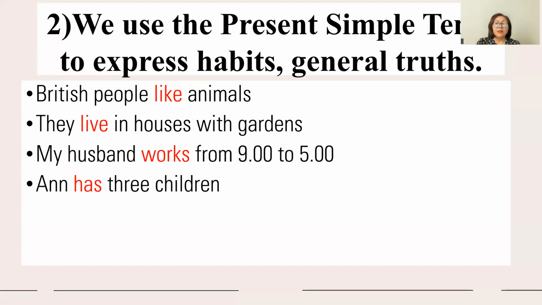Олар бақшалары бар үйлерде тұрады. It's also general truth. Everyone agrees with this point. My husband works from 9 to 5 p.m. and Anne has 3 children. All these 4 sentences show they express habits and the general truth.